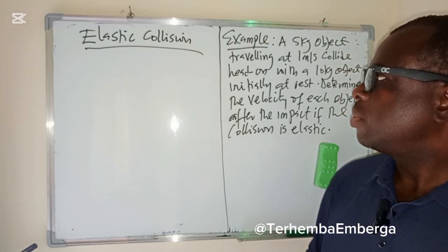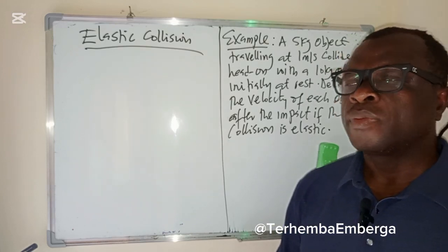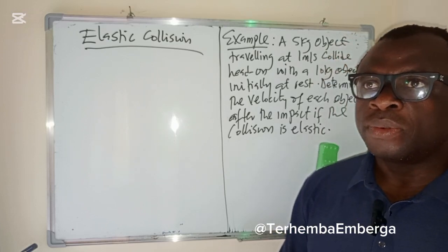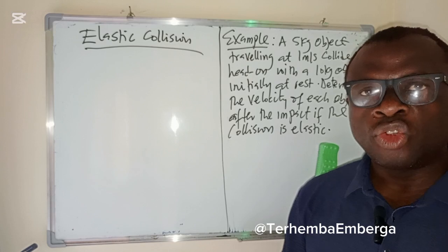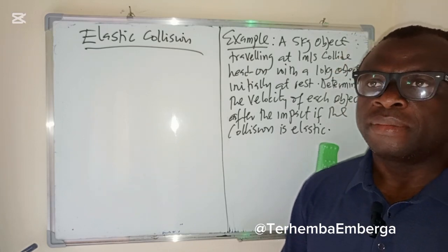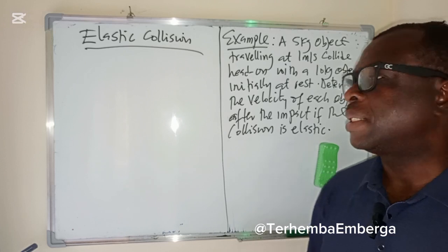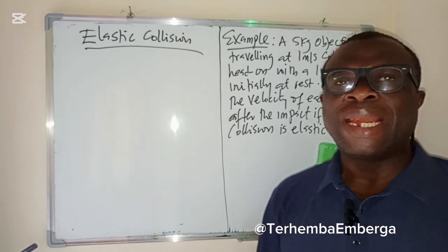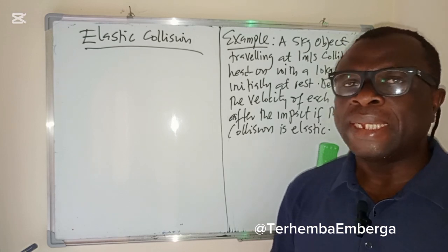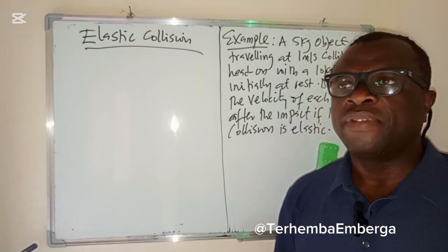Just to refresh our memory, elastic collision is a type of collision where both the momentum and the kinetic energy are conserved after the impact. In the case of inelastic collision, the kinetic energy is not conserved.